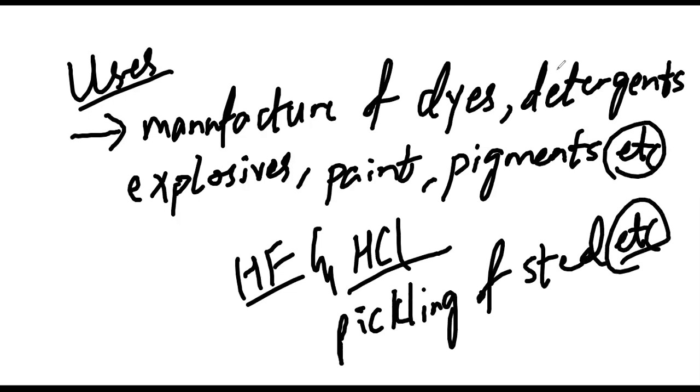Now, the next preparation is about manufacturing of chlorine. How is chlorine manufactured in industry? By the Nelson process.